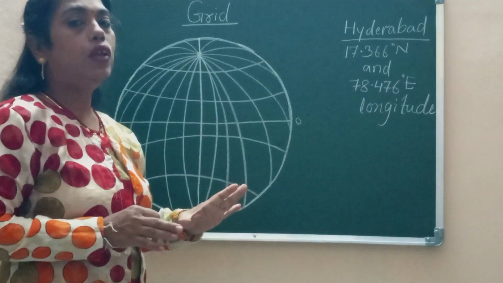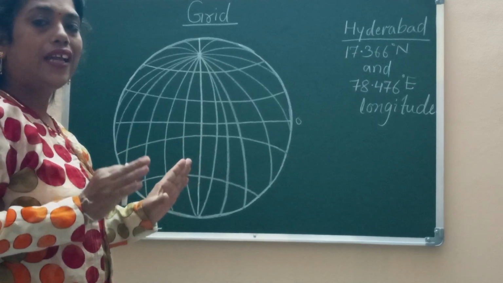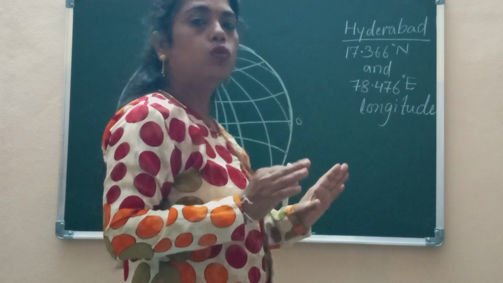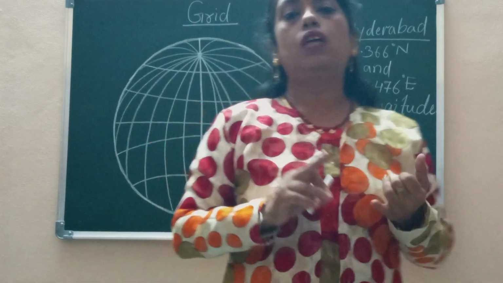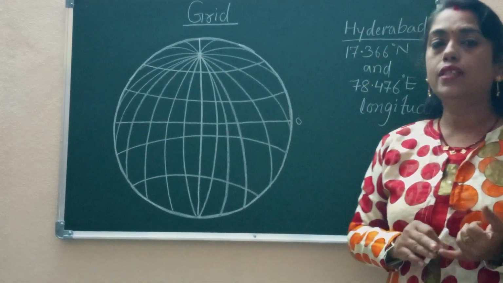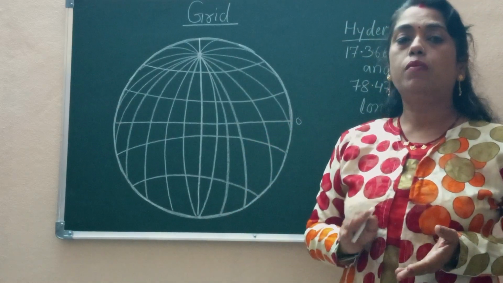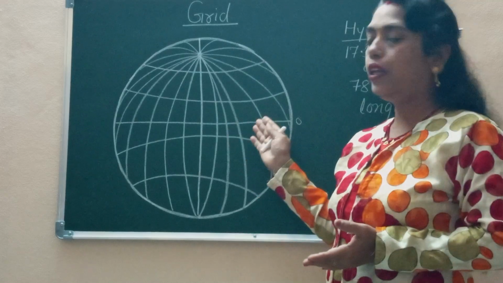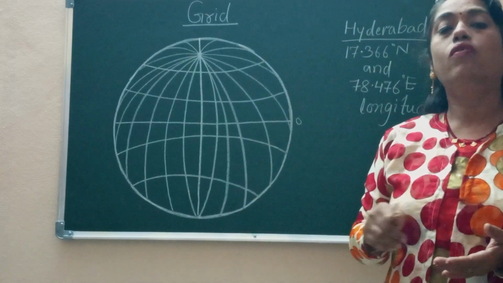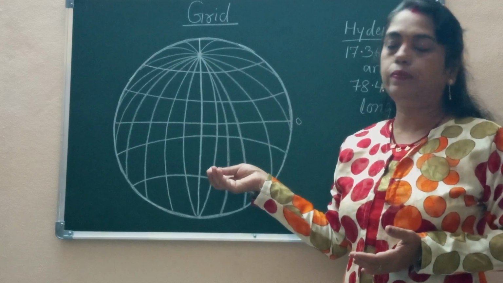So I think it will help you to understand the use of the lines of latitude and longitude on the globe. If you want to draw it, you have to make the lines of latitude first and then practice the lines of longitude. When we practice both the lines of latitude and longitude, it will be very easy to make the grid, which is made in one circle by adding the lines of latitude and longitude in one place, and this network of lines is known as the grid.